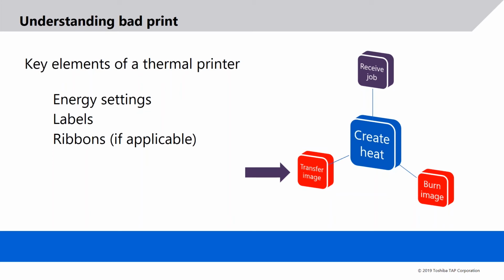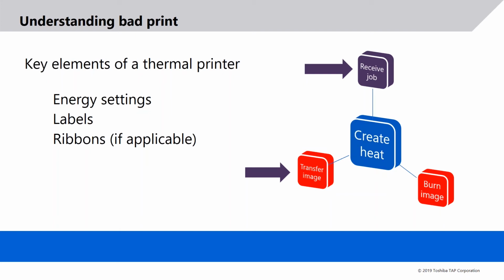So the natural assumption is that the problem is coming from the printing process, which normally implies that there's a problem in the consumer minds with the ribbons or the labels. But this is a common mistake, and we shouldn't start here when we're looking at bad print and how to fix it. In fact, we should be looking at the first part, the information in the file settings.